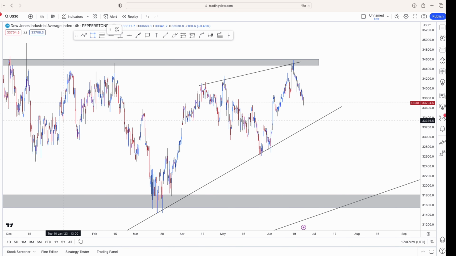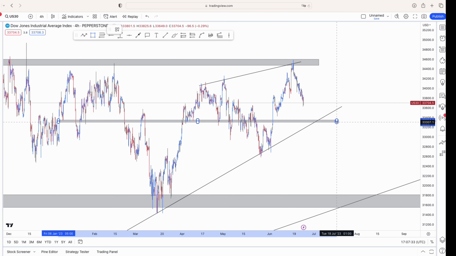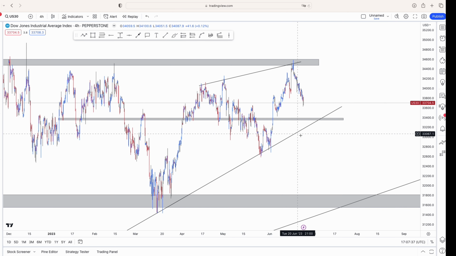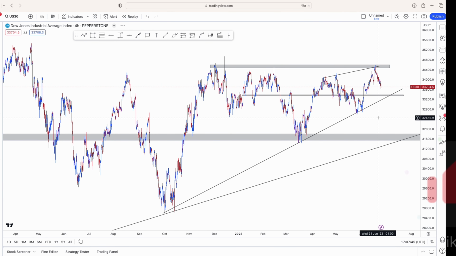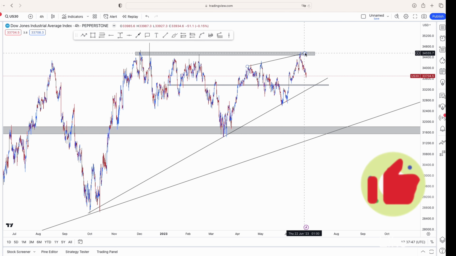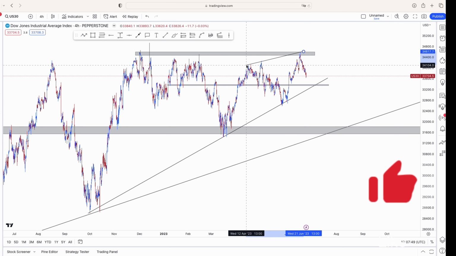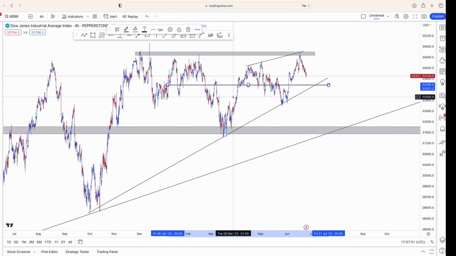The zone was respected. If you put a line, you will see that there's a strong zone we are looking at, right? There's a high chance that the market might come here. We're not just going to say it's going to come there. We're going to see and analyze if this will be the actual move in the coming weeks.